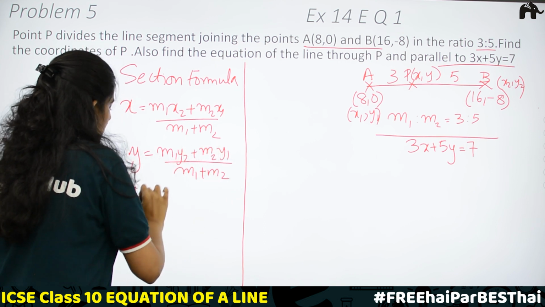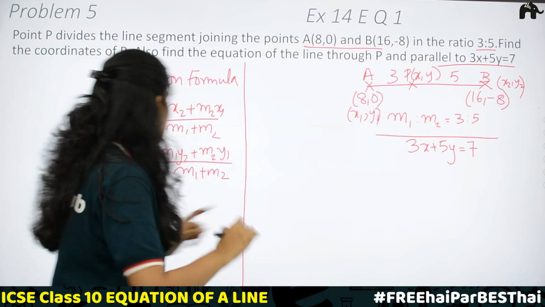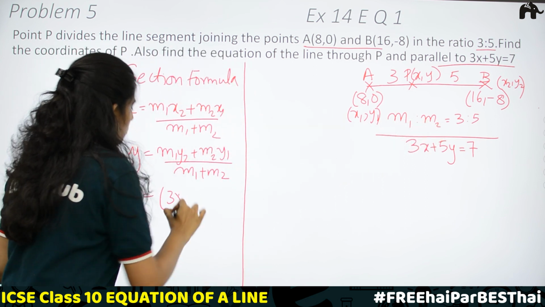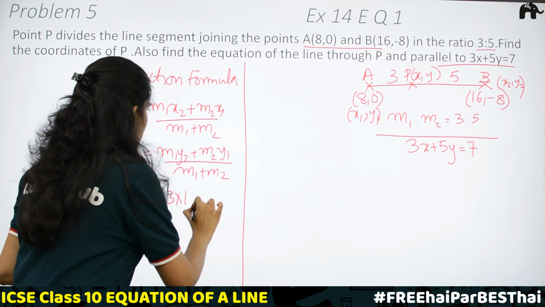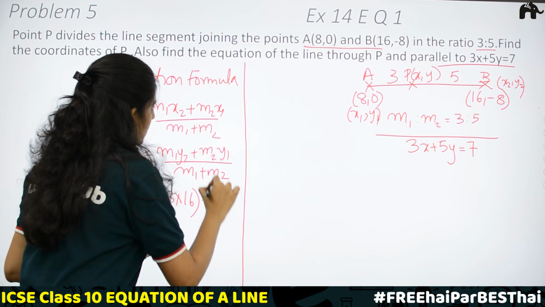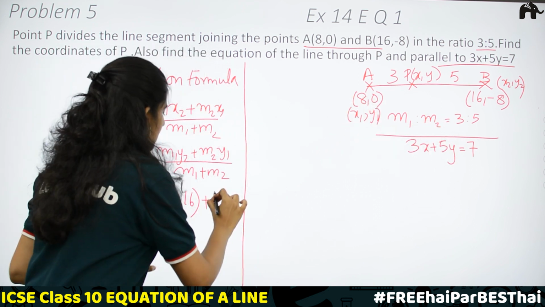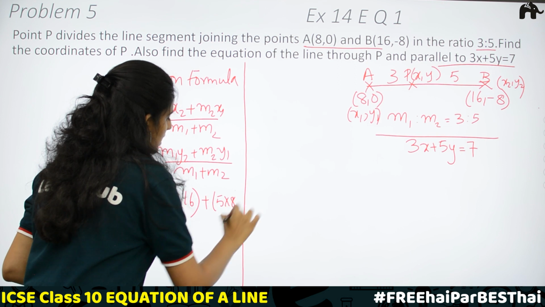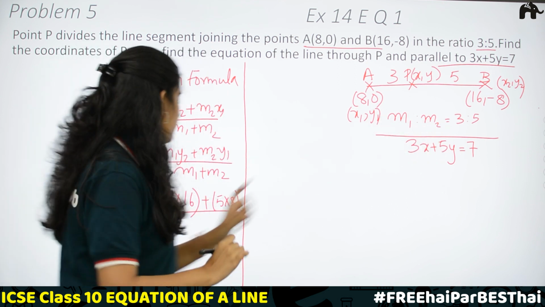To find x, substitute the values. What is m1? Here m1 is equal to 3. 3 into x2. x2 is 16. Plus m2 x1. m2 is 5 and x1 is 8. 5 into 8, divided by m1 plus m2, 3 plus 5.